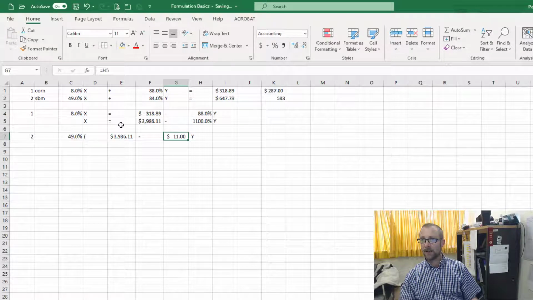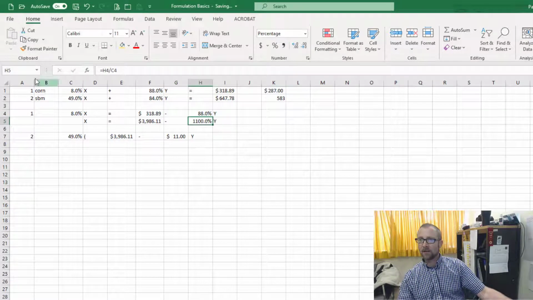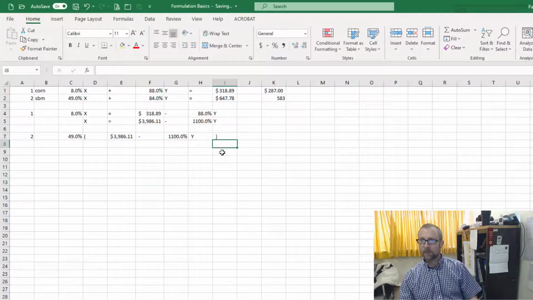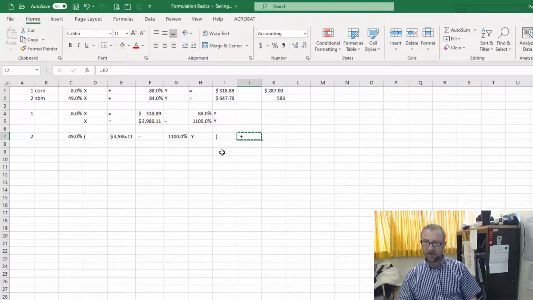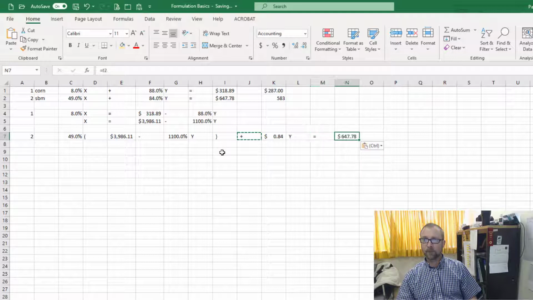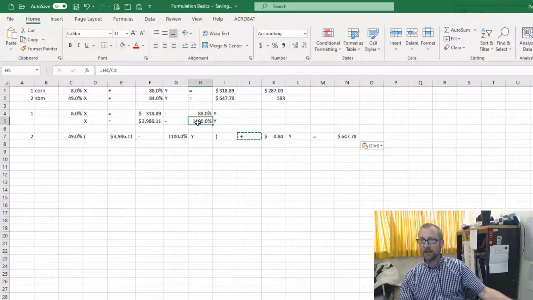Okay, now this is not a dollar sign. This should be a percent. Okay, that's that number right there. Close the bracket. And then we can put the rest of this equation in as it exists up here. So plus, okay, now again, this is supposed to be a percent.